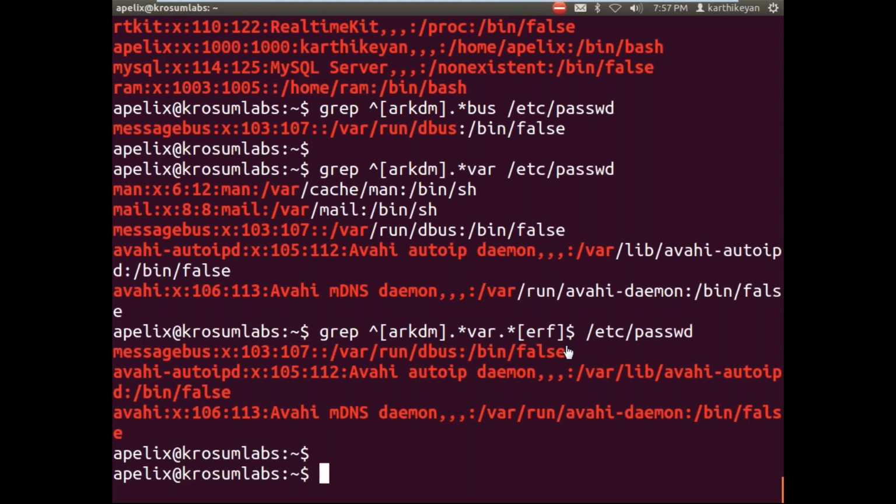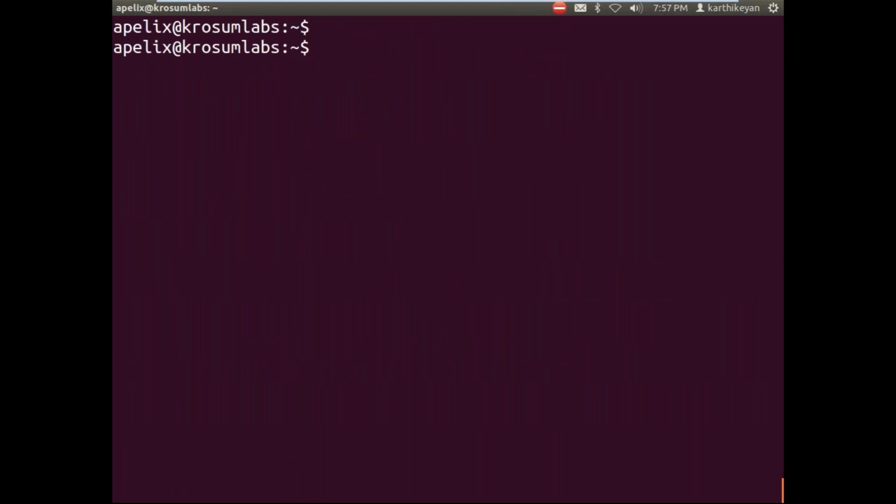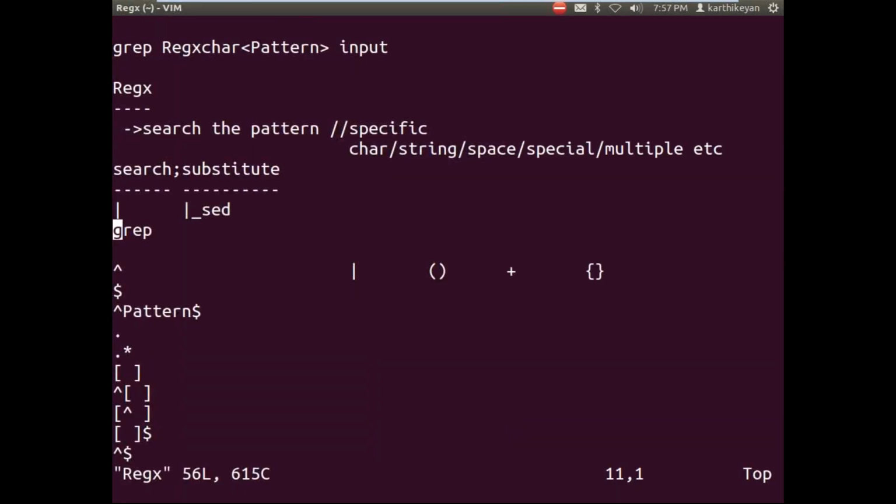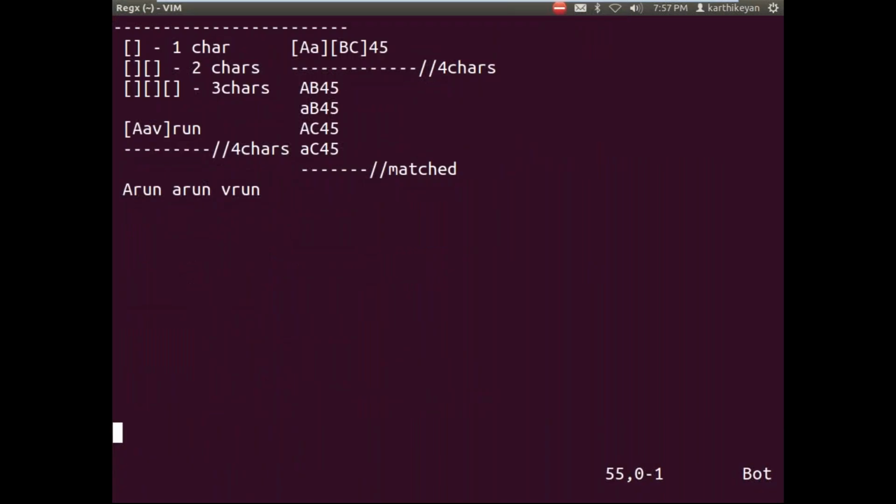So this character-based searching in shell scripting we can do in this style. We can match any lowercase character. Line starts with any lowercase character. So this is a character class. I'll repeat. If you put square brackets with a hyphen, a to z, it matches any single lowercase character.